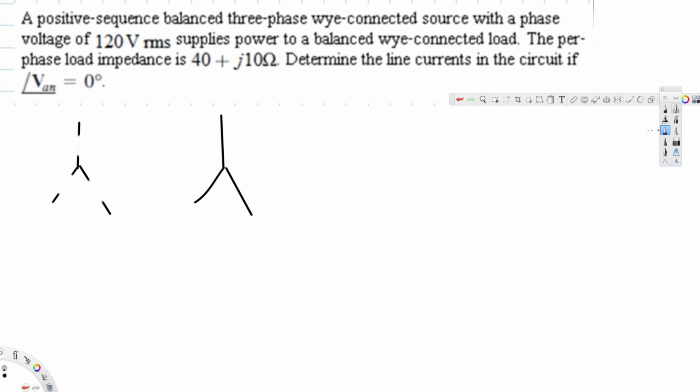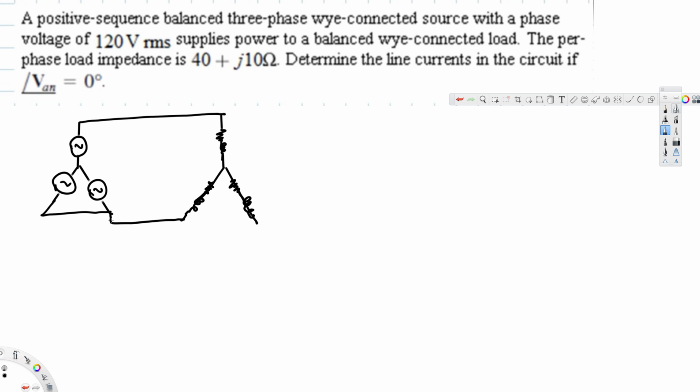Here we are going to have a voltage source, and also here we are going to have a voltage source, and in this way we are going to have the load impedance. Then we just have to connect this one and complete the circuit. And this is our circuit.